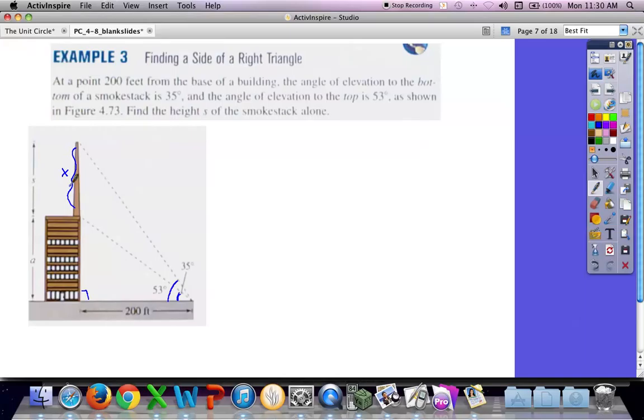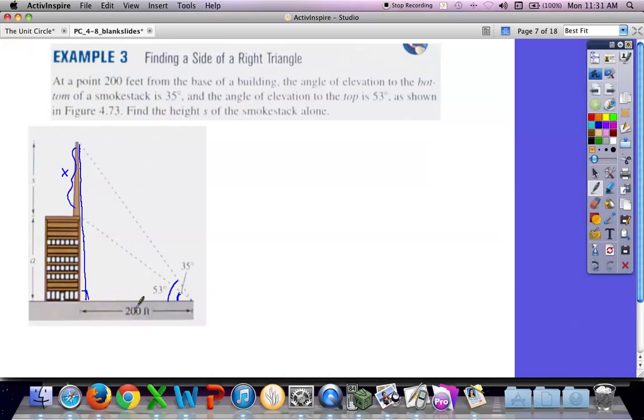So again, if I'm looking at the entire height of the building, that's all here, then I'm going to set it up as a tangent function. The tangent of 53 degrees equals this height divided by 200.